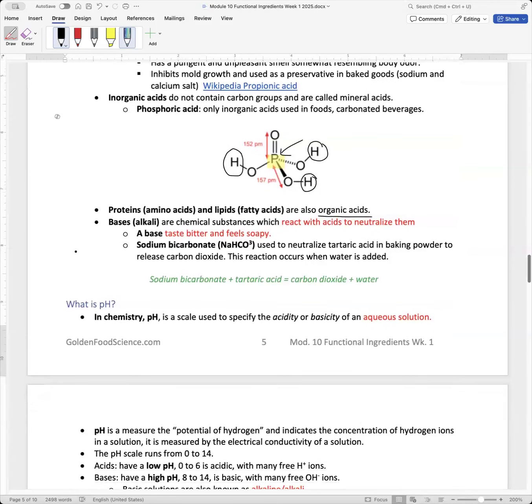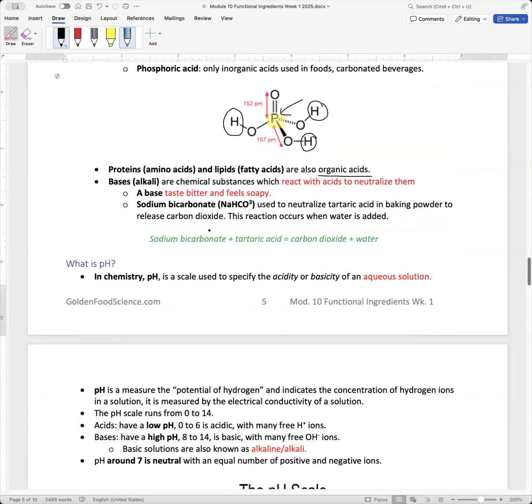Bases are bitter, and we normally don't do a lot with bases except to react with acids, because we don't like the flavor of bitter things in general. This is the chemical structure for sodium bicarbonate. If you've ever made a kid's volcano, you add acid and baking soda and you get all that foaming.